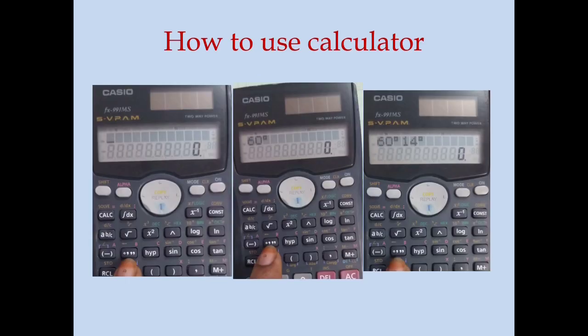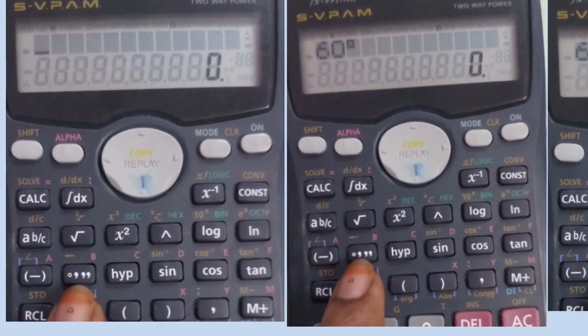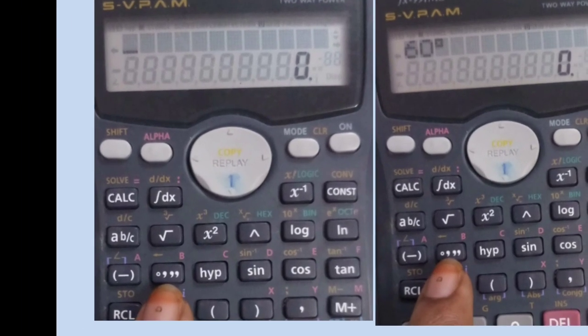Okay. Next, how to use a calculator for these kinds of experiments. Most students do not know how to put degrees in the calculator. See, I have shown you three pictures. In the first picture you could see degrees and minutes.